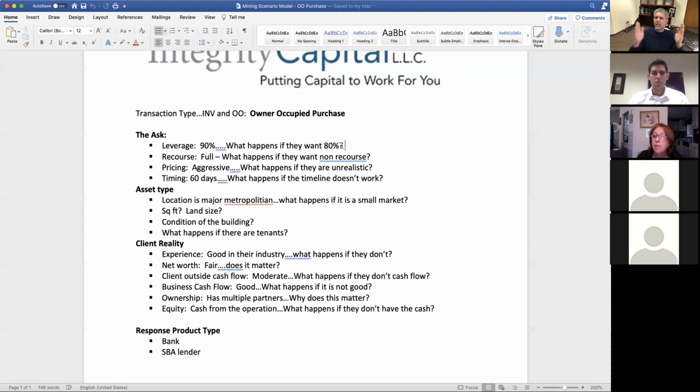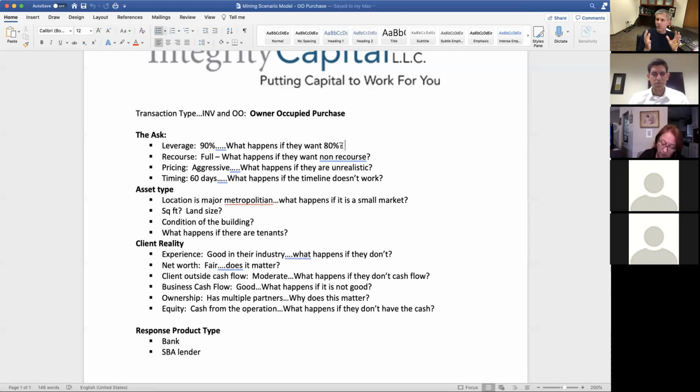So anytime you see somebody lower the leverage on an owner-occupied transaction below 80% loan to value, that is going to broaden the ability for a conventional loan versus an SBA, Small Business Administration program. That's just something to be cognizant of when you're dealing with leverage on an owner-occupied transaction.